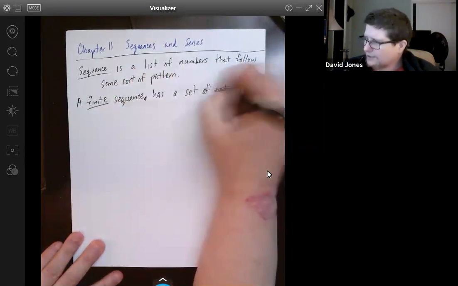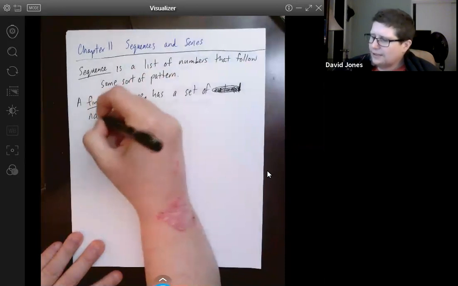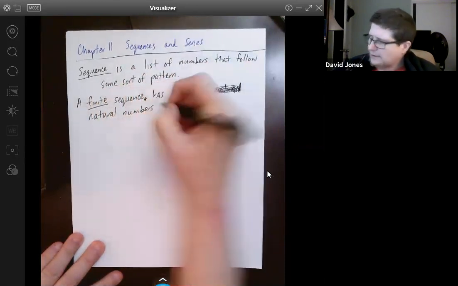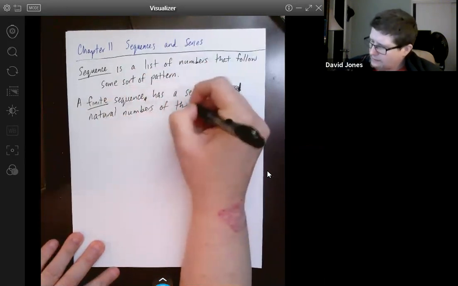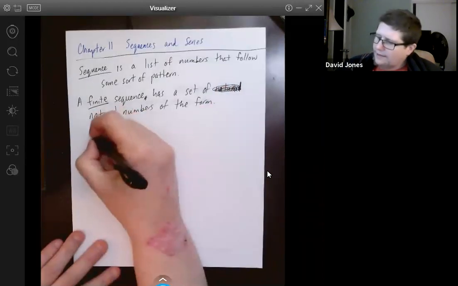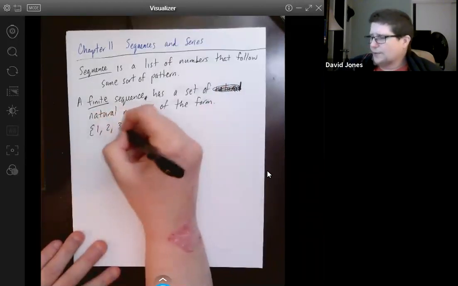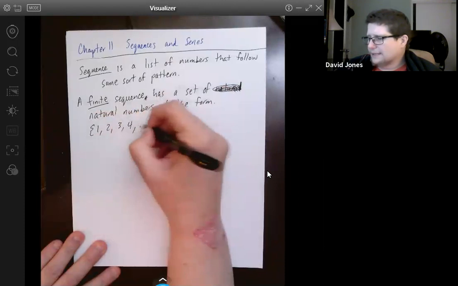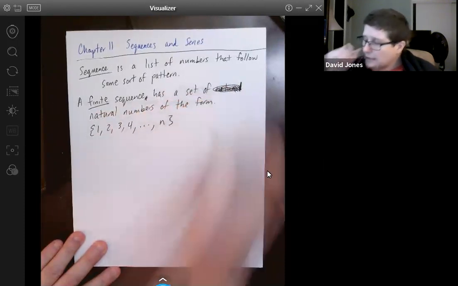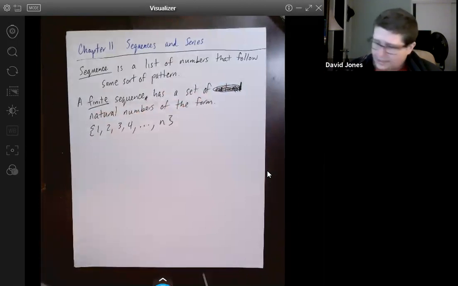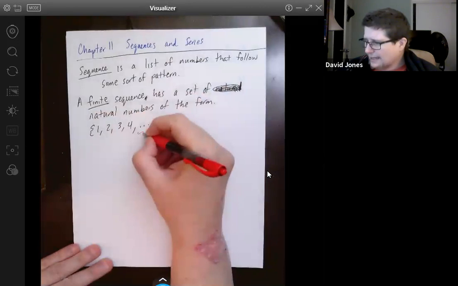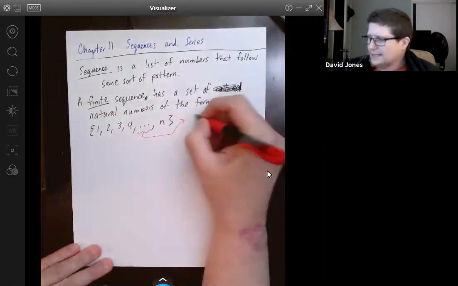Natural numbers of the form 1, 2, 3, 4, ..., n. Now these dots, when we have them like that, these are ellipses.